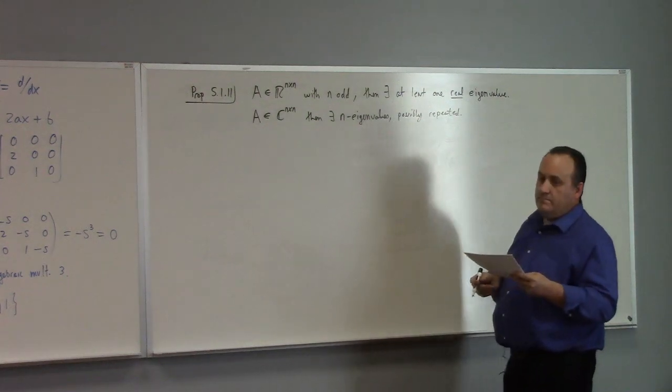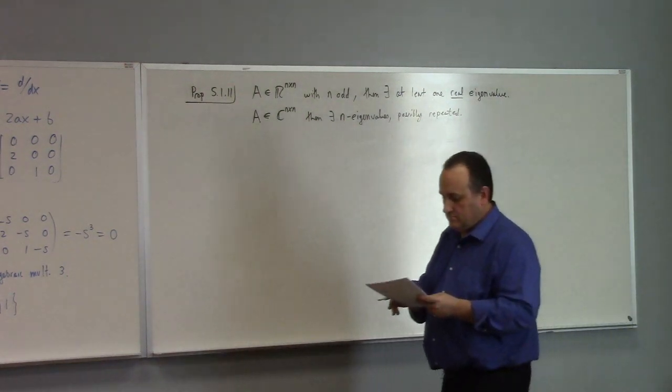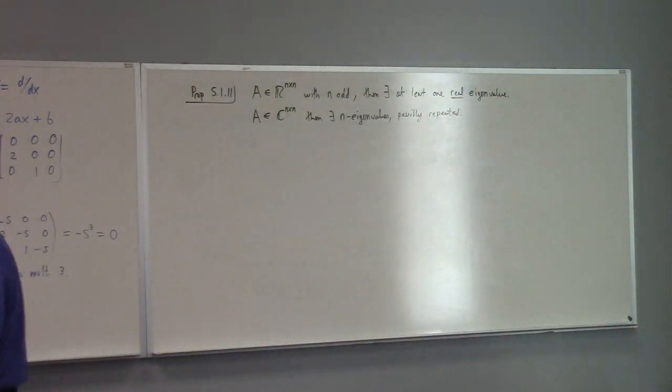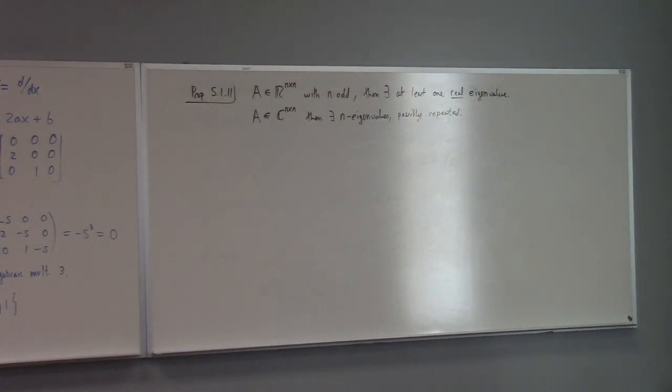How do I know that? What is the characteristic polynomial?